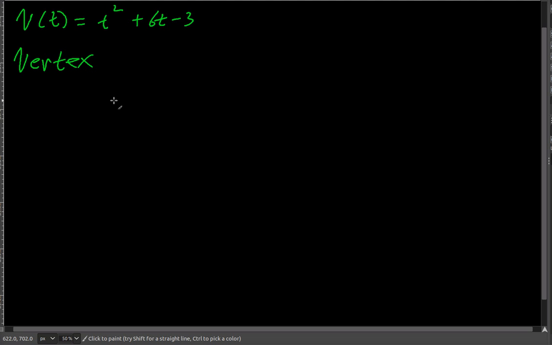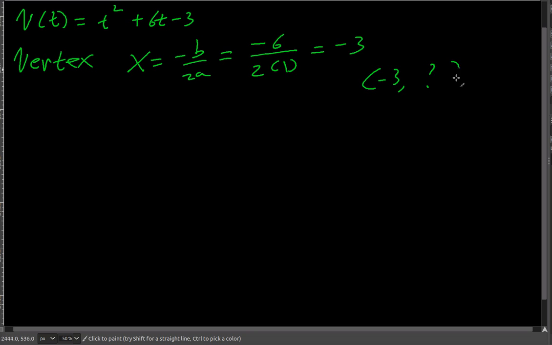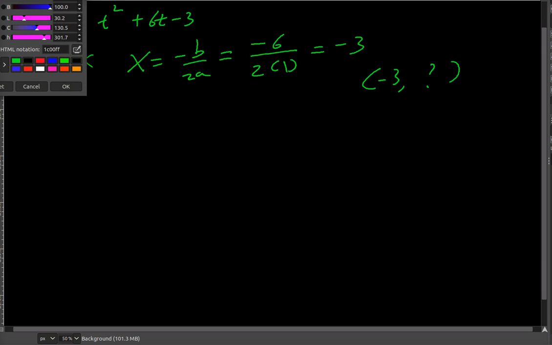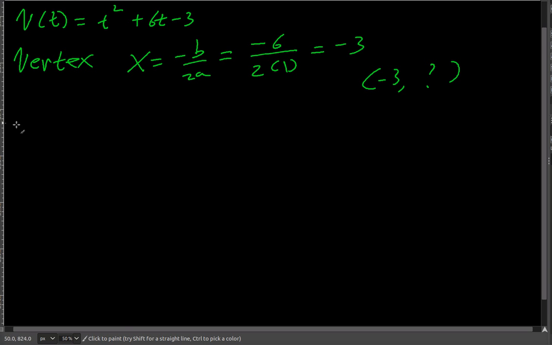Well, this isn't in vertex form. This is in standard form. So we have to use this formula. But that's not so bad. Negative 6, negatives from the formula, over 2 times 1, so that's negative 3. This is the x value, but we need the y value. How do we find the y value? Well, I can find it by plugging that in.